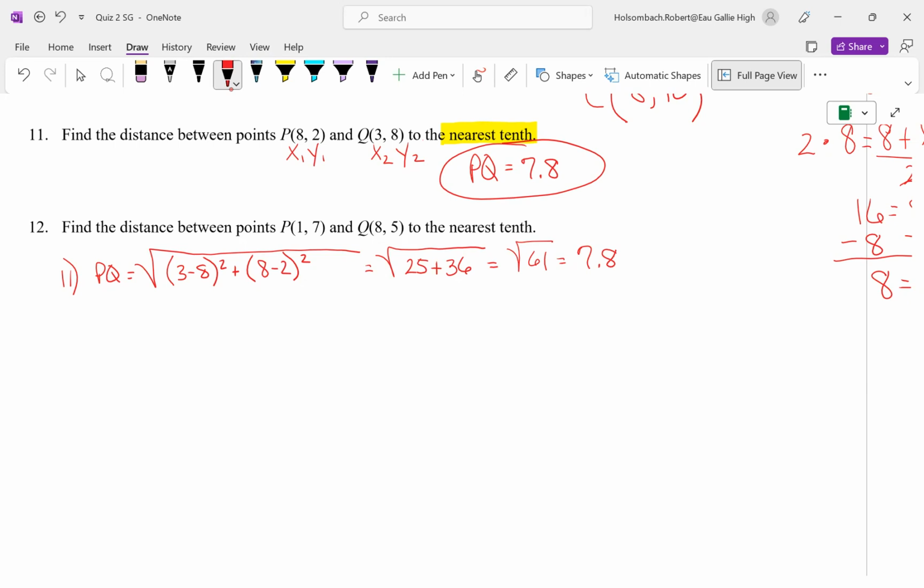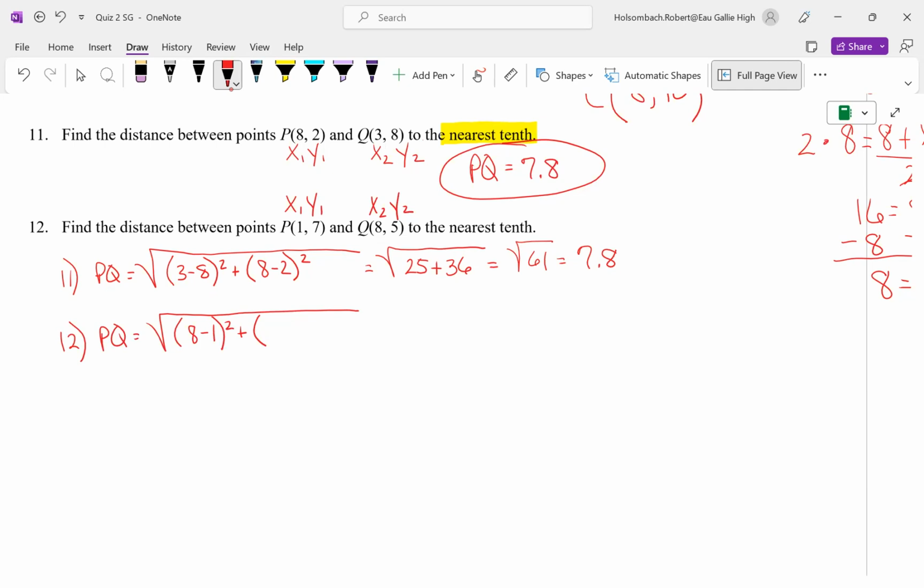And number 12, we're finding the distance between P and Q again. Just different values. Again, label x sub 1, y sub 1, x sub 2, and y sub 2. So we've got x sub 2 minus x sub 1, 8 minus 1, squared, plus y sub 2 minus y sub 1.